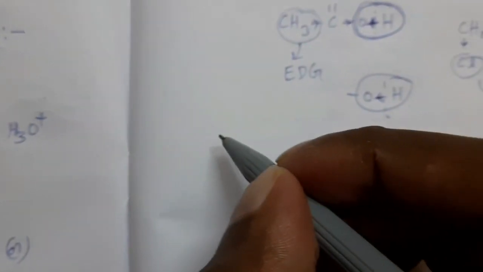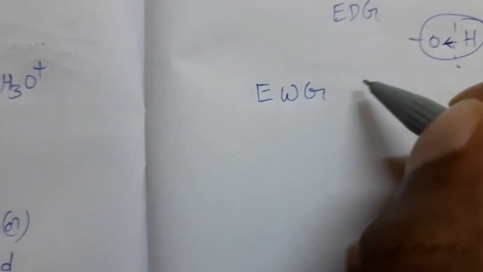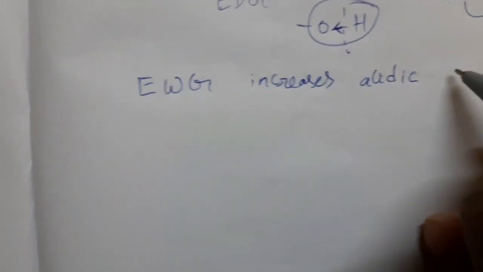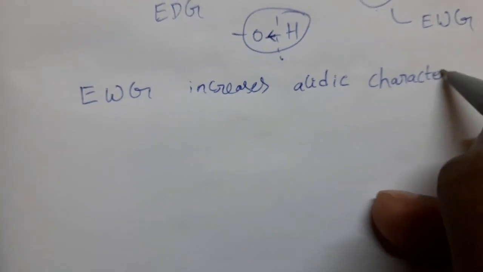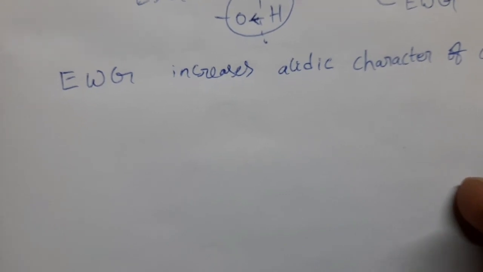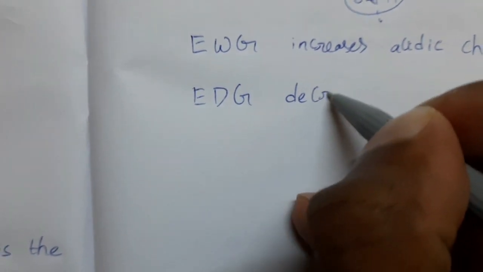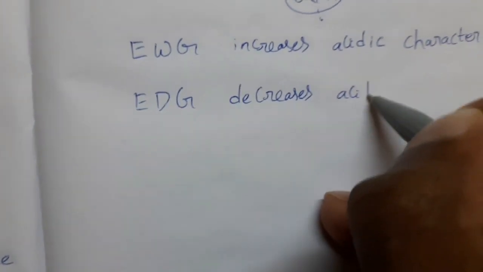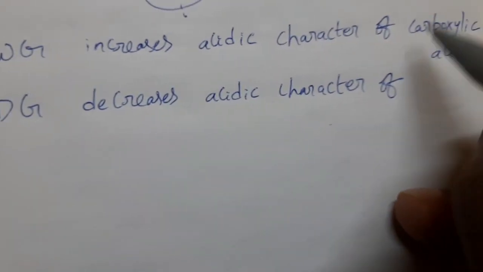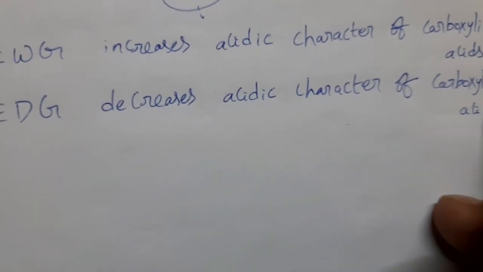Okay, see this one. Electron withdrawing groups increase the acidic character of carboxylic acids, and electron donating groups decrease the acidic character of carboxylic acids.